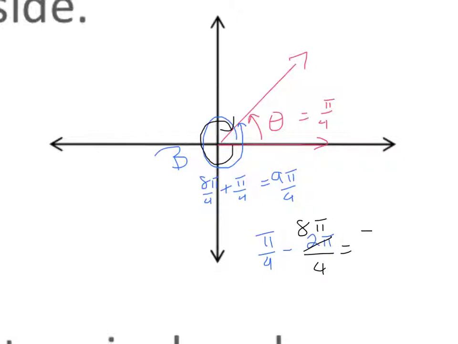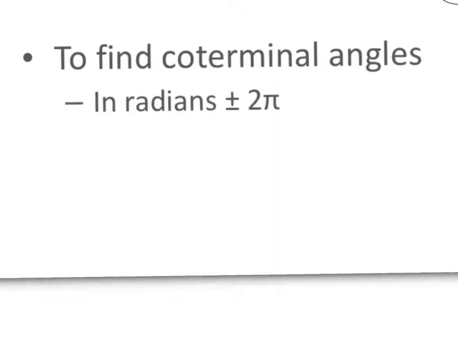And we end up with negative 7 pi over 4. Negative 7 pi over 4 lies in quadrant 1. Pi over 4 lies in quadrant 1. And so does 9 pi over 4. Why? Because they're coterminal angles. They have the same initial side, same terminal side. So in order to find coterminal angles, we can just keep adding 2 pi or subtracting 2 pi. If we're in degree measurements, we add and subtract 360, for however many cycles we're looking for.